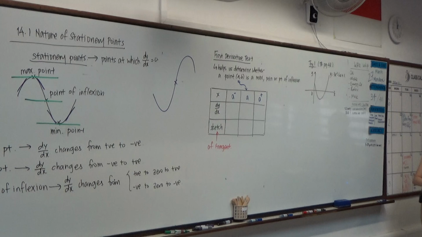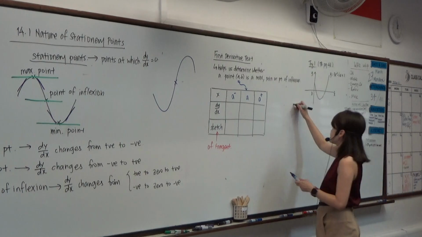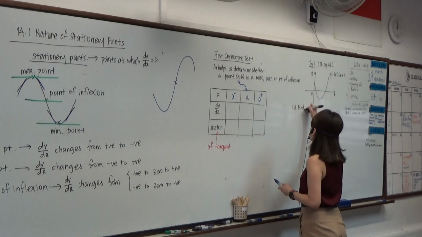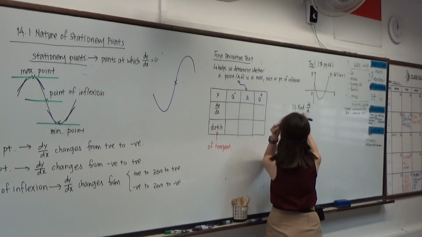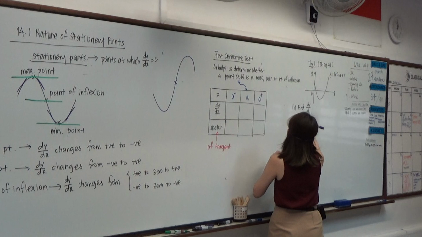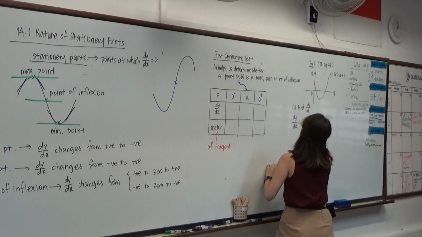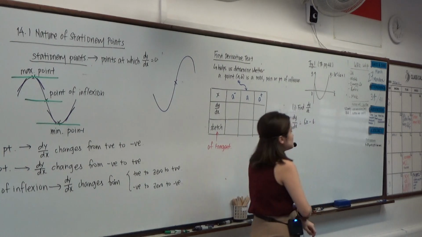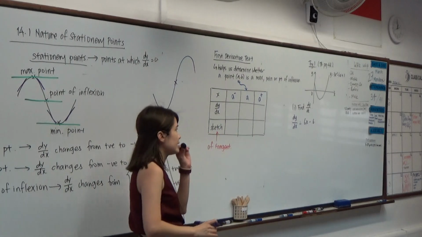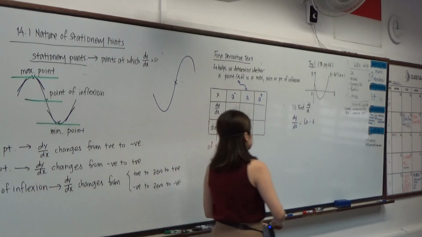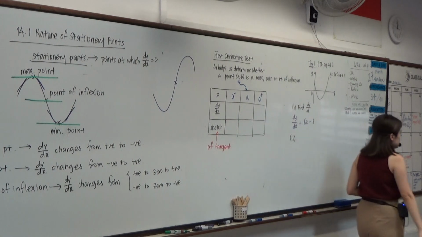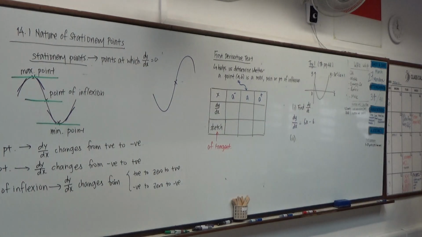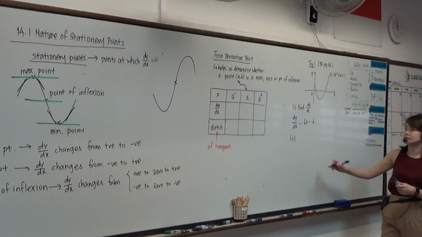Part 1, we want to find out what is dy over dx, which we already know how to find. So given that function there, our dy over dx is equal to 6x minus 6. Then in part 2, they ask you to find the coordinates of the stationary point.